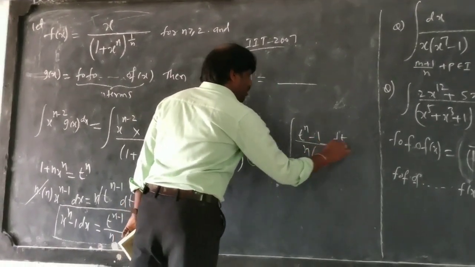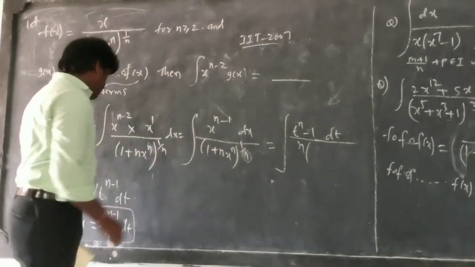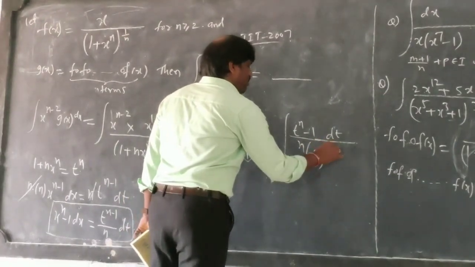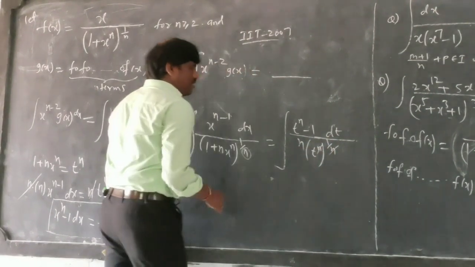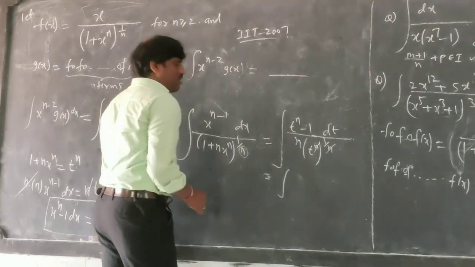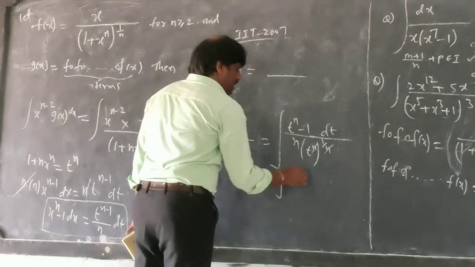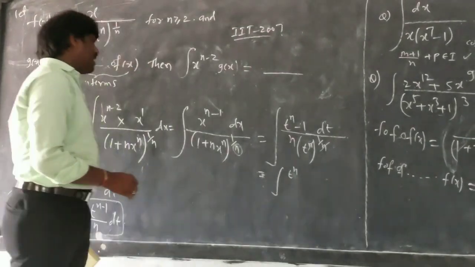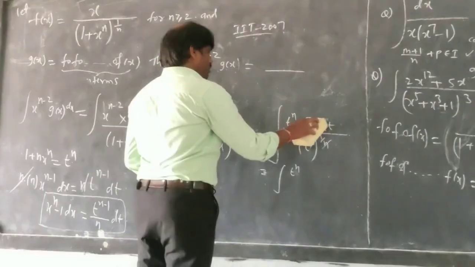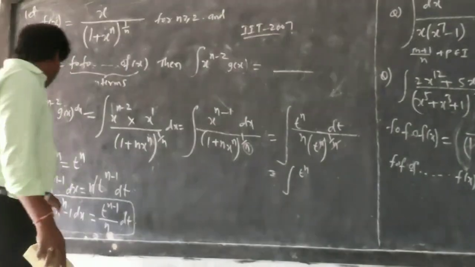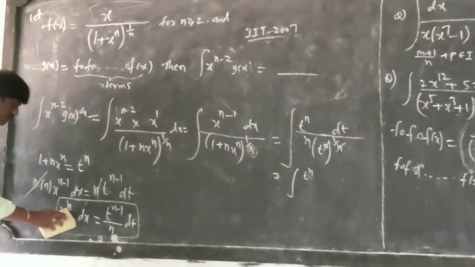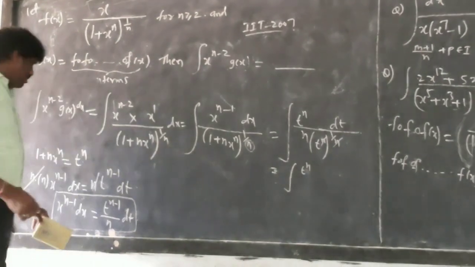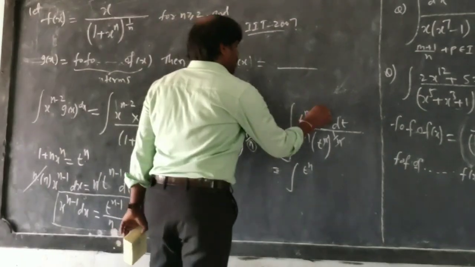And this total denominator, I can write (t^n)^(1/n), the n cancels. So the integration you got is t^(n-1) on the top. Sorry, x^(n-1) is here, so t^(n-1).